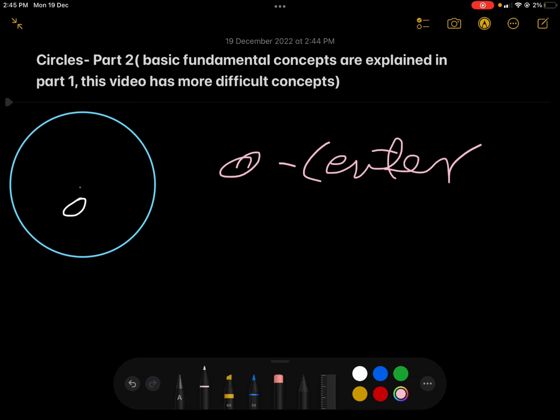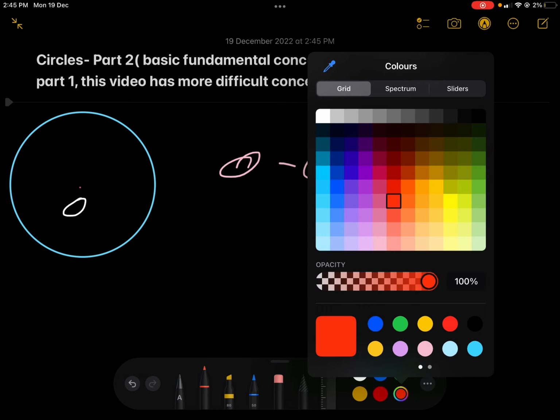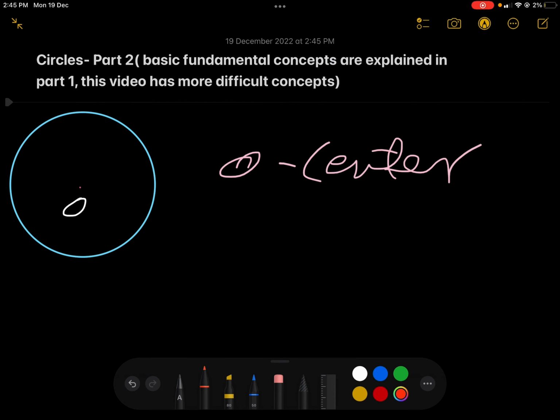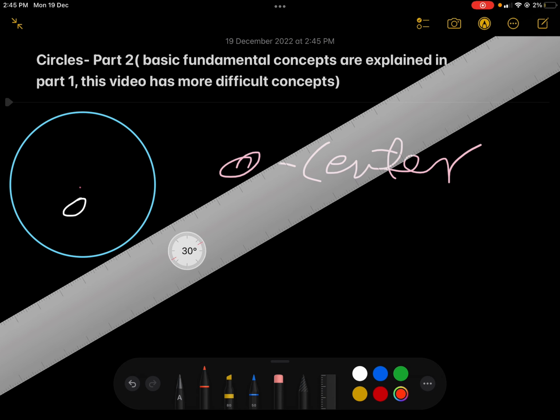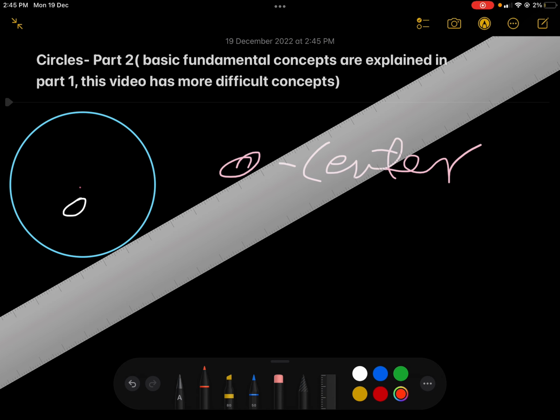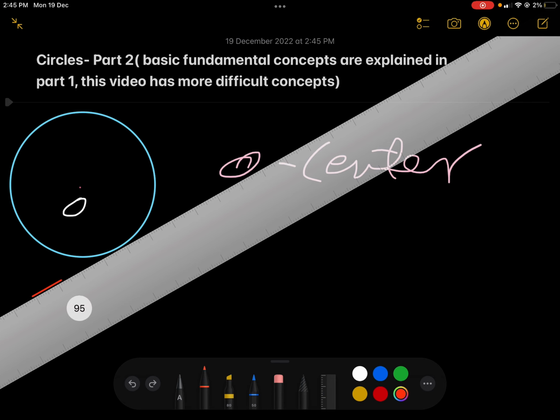Alright, now let's say that a line segment comes towards the circle. I'll take a scale to do this exactly. It comes towards the circle like this, touches the circumference of the circle at one point and then leaves it. Alright, so let's take it like this.